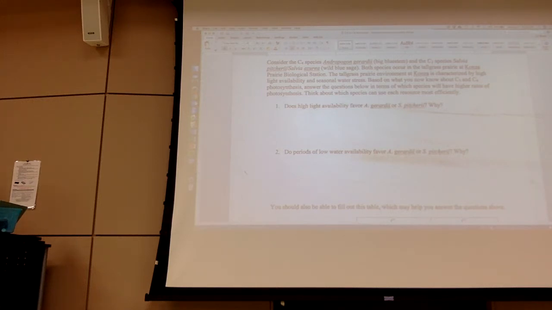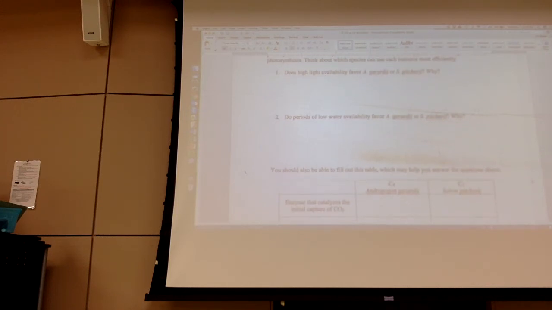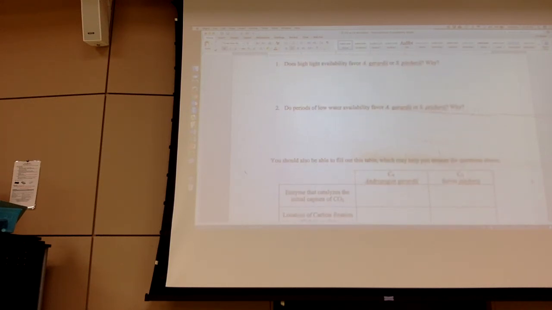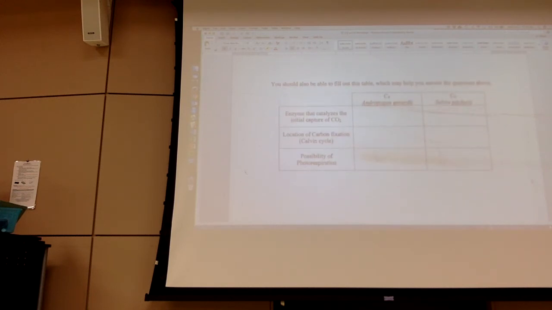Okay, and so you're going to want to go through and think about how these things are C3 or C4 plants. You're going to want to ask, is high light availability going to favor one or the other? Is low water availability going to favor one or the other? This table may help you with those responses.